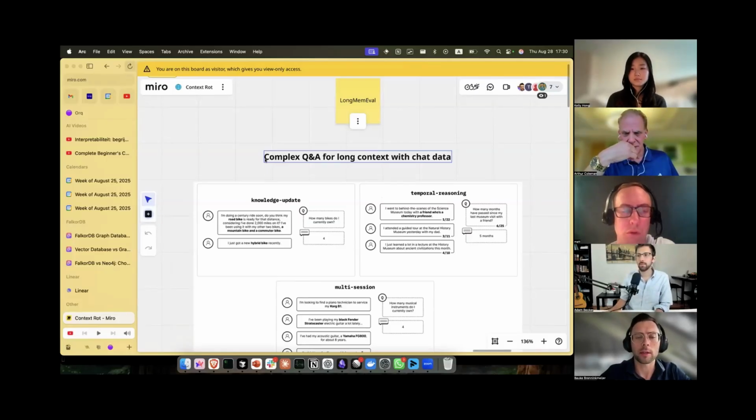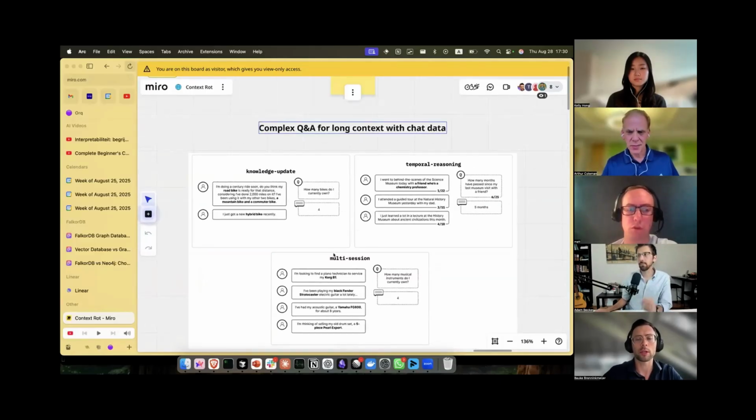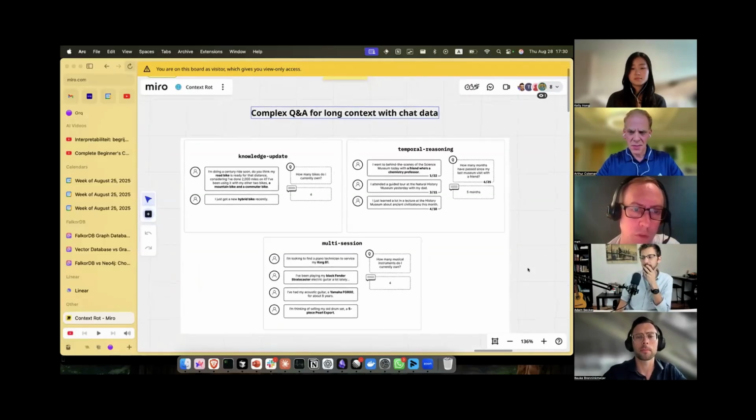The benchmark has different types of questions, for example, knowledge updates, temporal reasoning, and multi-session, over these long context conversations. The long context ranged from about 50,000 tokens to 100,000 tokens, so really significant chunks of text.